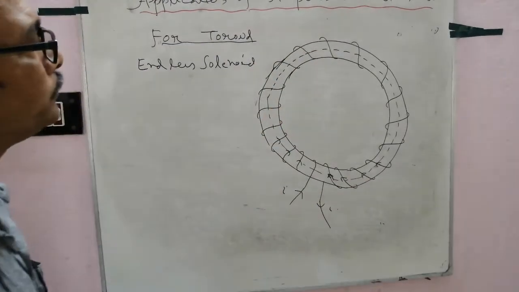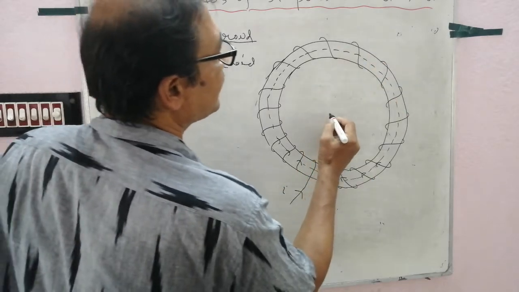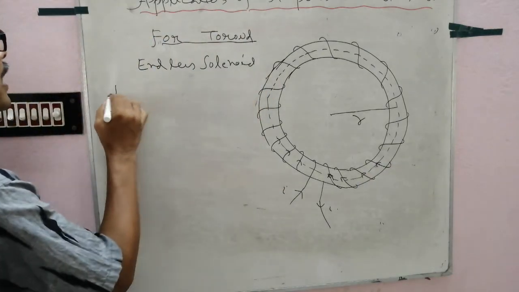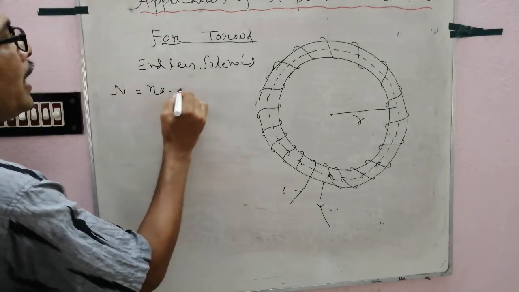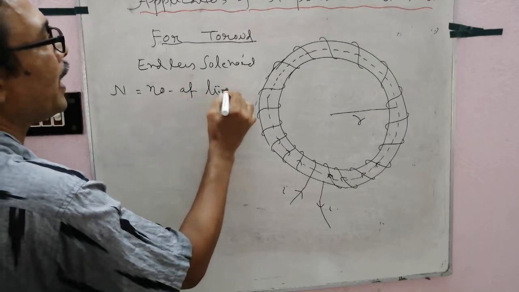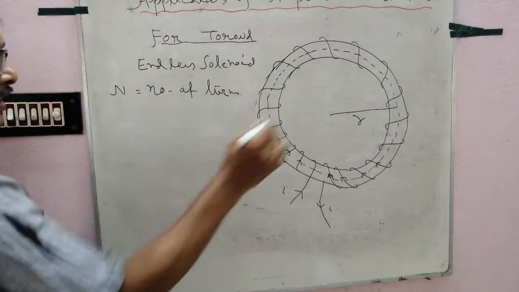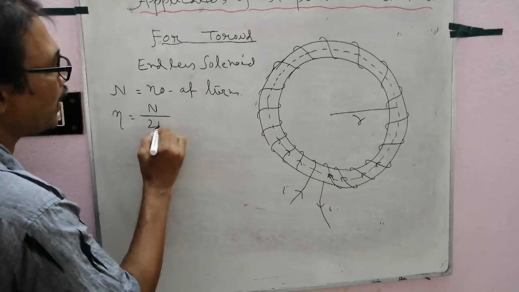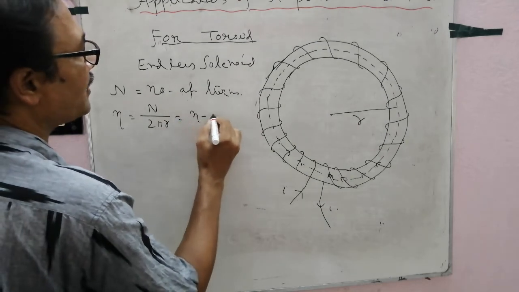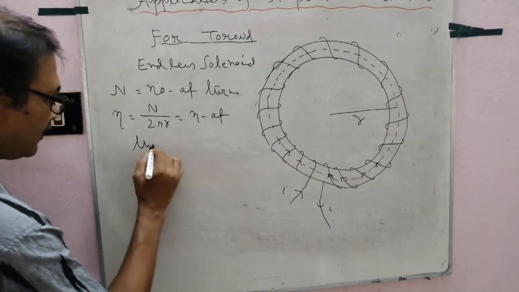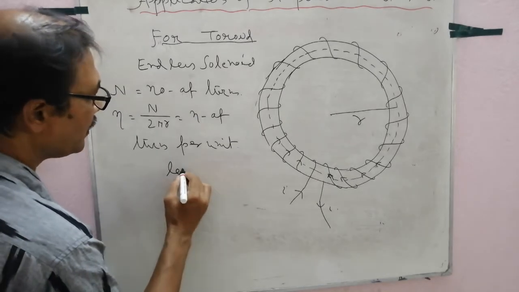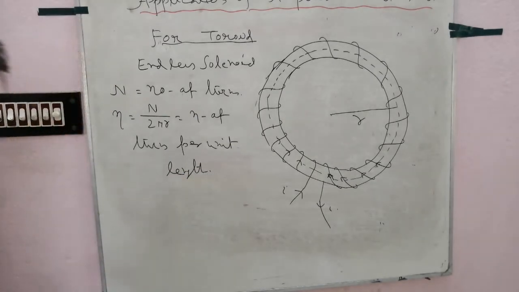And this is the axis. The radius of the solenoid is R. N be the number of turns. The circumference is 2 pi r. So n equals N by 2 pi r, the number of turns per unit length. Clear?